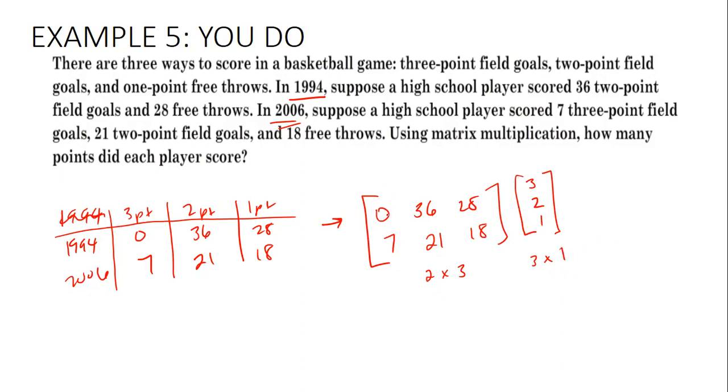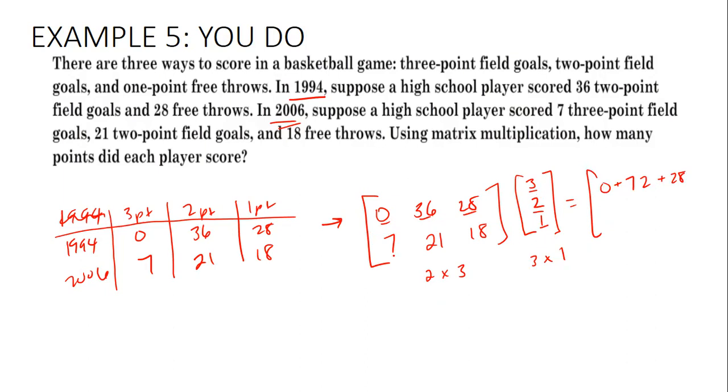So when we multiply, because there's an extra column, that just means there's an extra thing that's being multiplied, right? So we have 0 times 3. It's 0. Then we have 36 times 2. It's going to be 72. Then we have 28 times 1. It's 28. I have now multiplied every element in this row to every element in this column, correct?